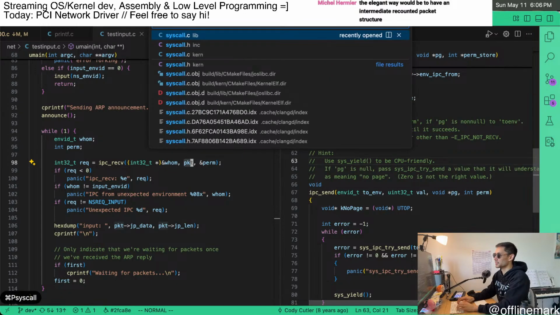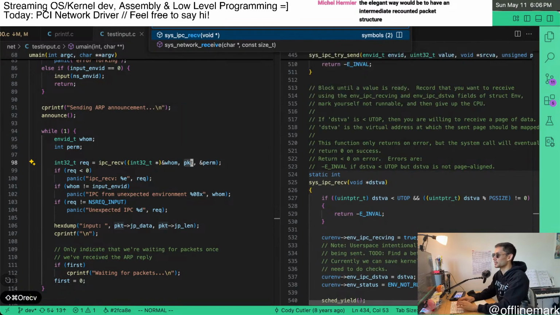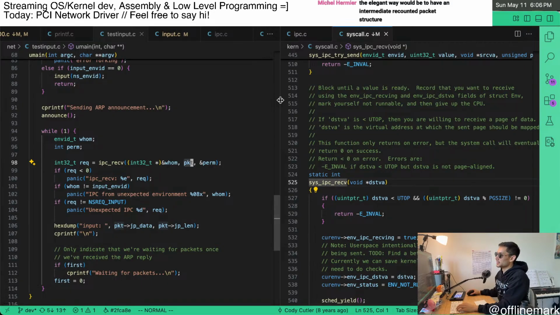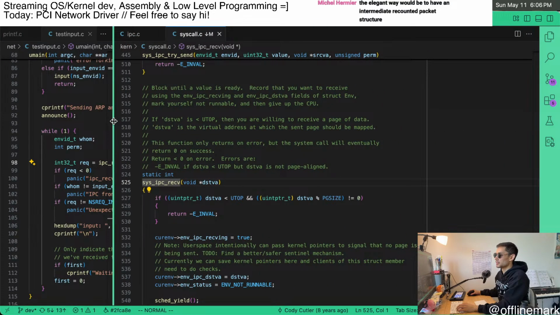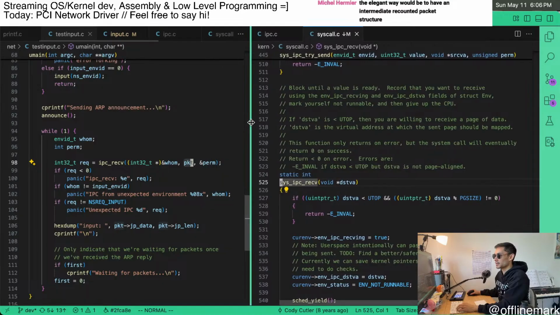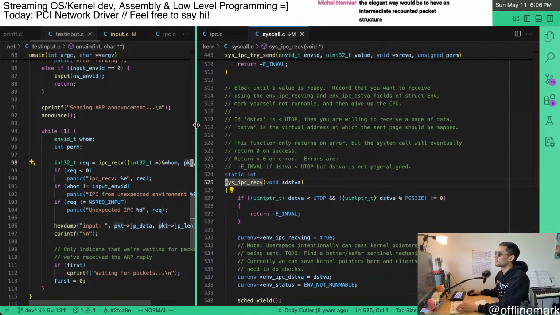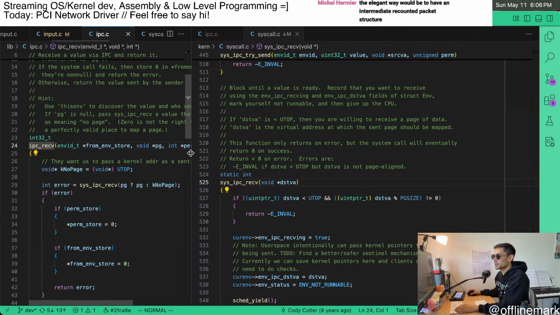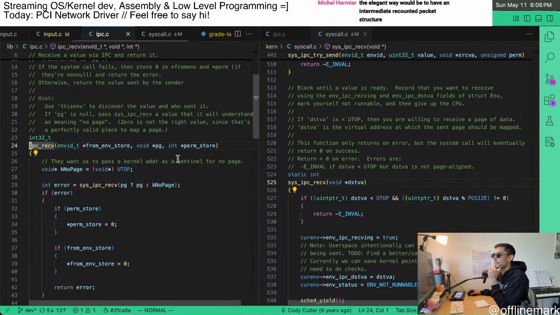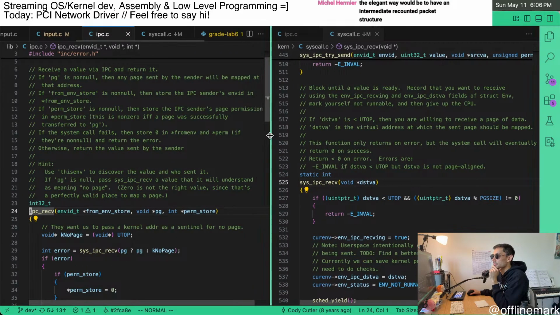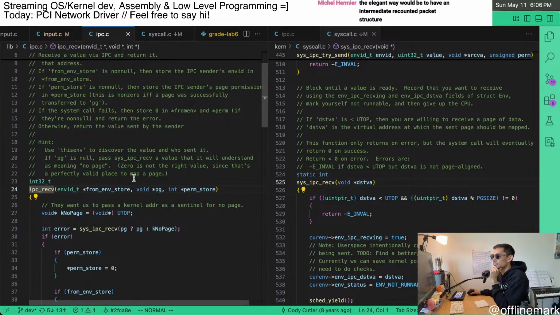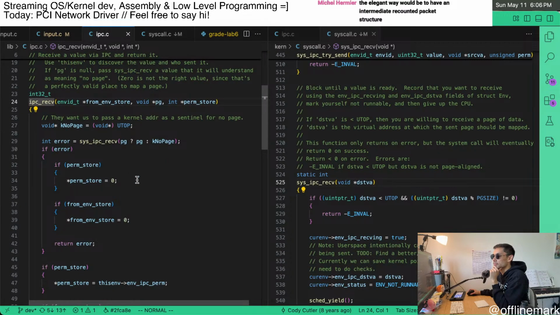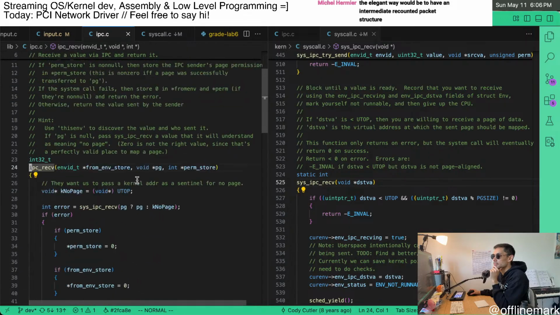I want to look at syscall again just to see the receive. Sys IPC. Something's kind of whack here. Why does it block until the value is ready? Record that you want to receive. So what does this do? Oh, we have some output parameters, right?